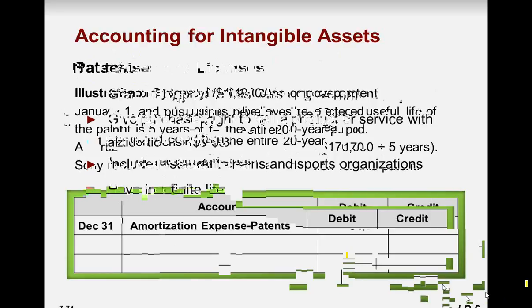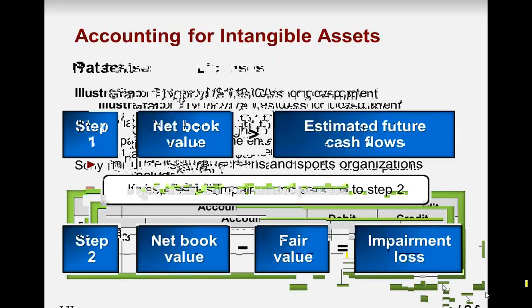And when we get to the end of the chapter, it starts talking about explaining the effect of impairments on the financial statement. So if an asset is impaired, we have to stop and analyze, is this asset impaired? And if we determine that the asset is impaired, then we need to look at the net book value and what the fair value really is. And then we need to record that difference as an impairment loss.